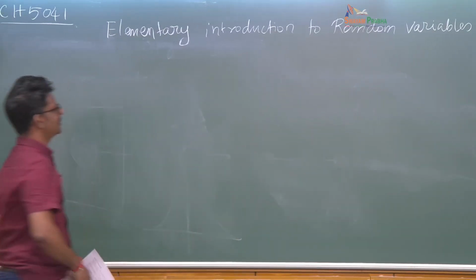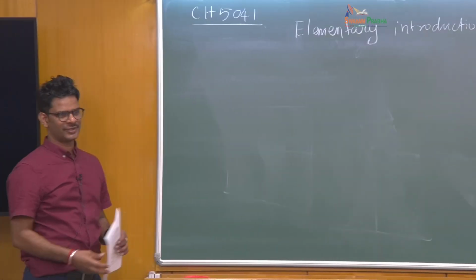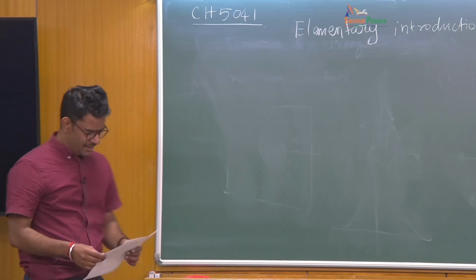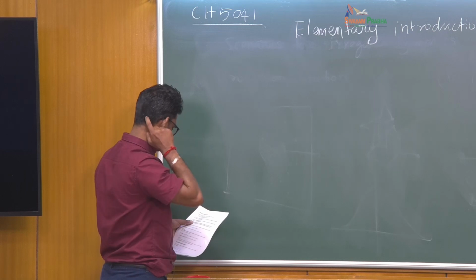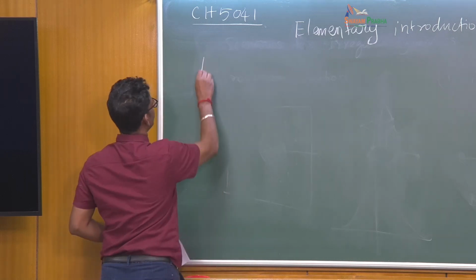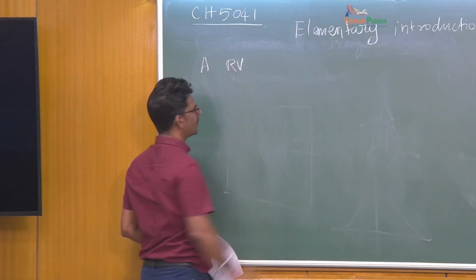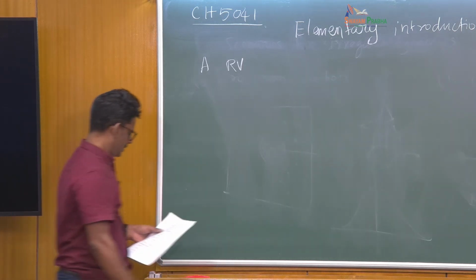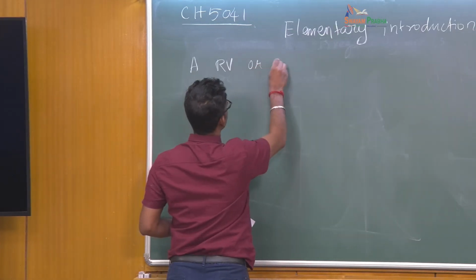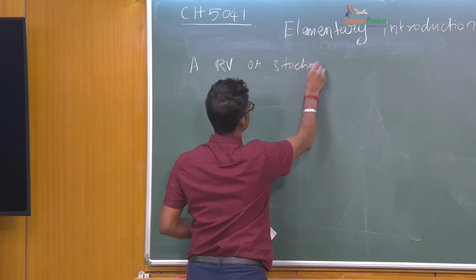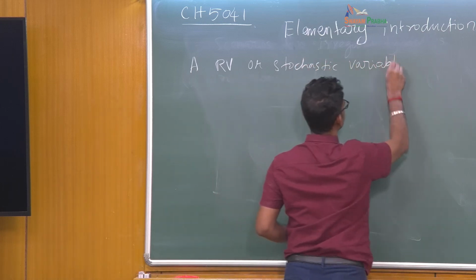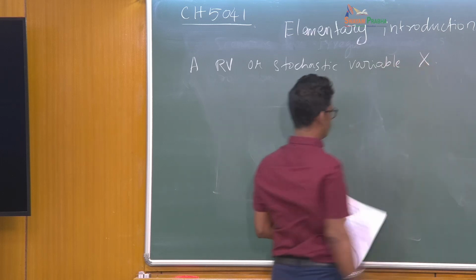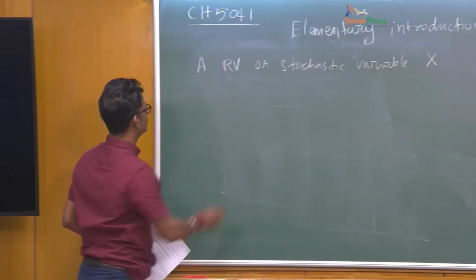It is not just an introduction, but an elementary introduction. So that means we are going to go to the very basics. We say that a random variable, in short RV, or a stochastic variable X, is defined by two things.